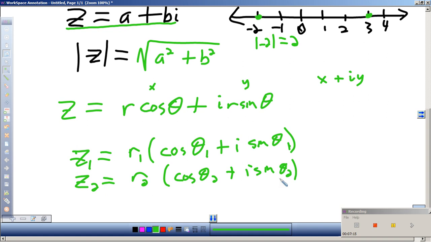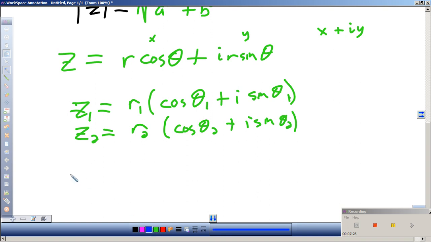If I want to multiply these together, so we have z1 times z2, what do you think we're going to get? Okay, r1 r2 multiplied together. And notice, we're going to be multiplying this times this, right? Now, anybody remember the rules for that?